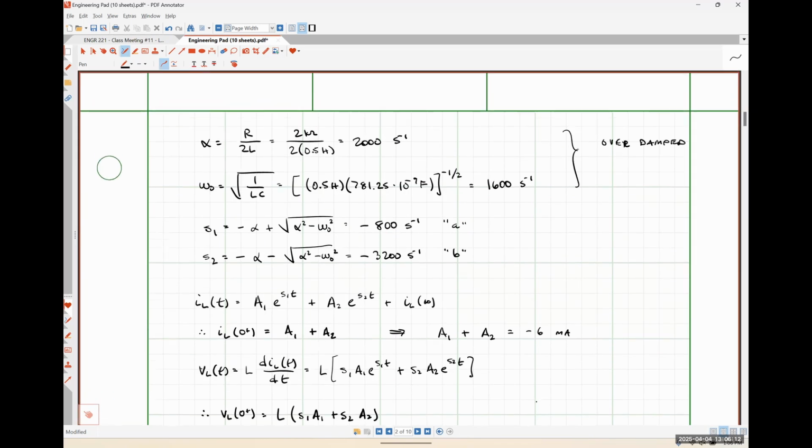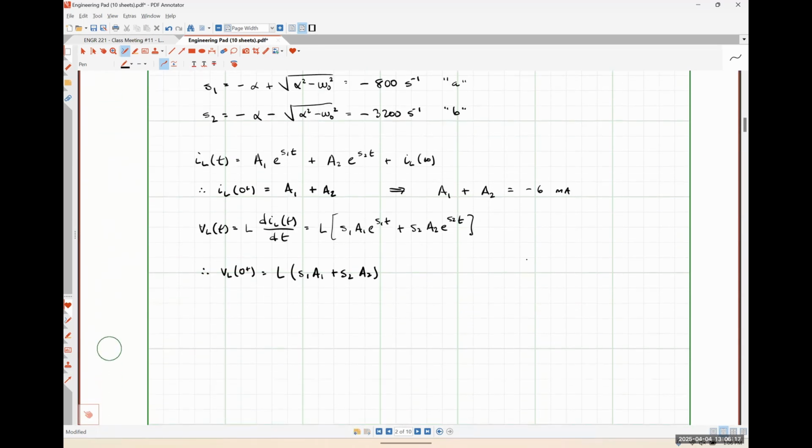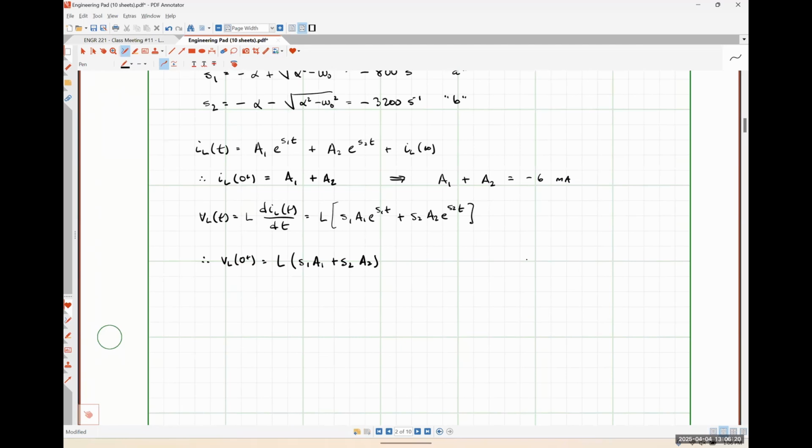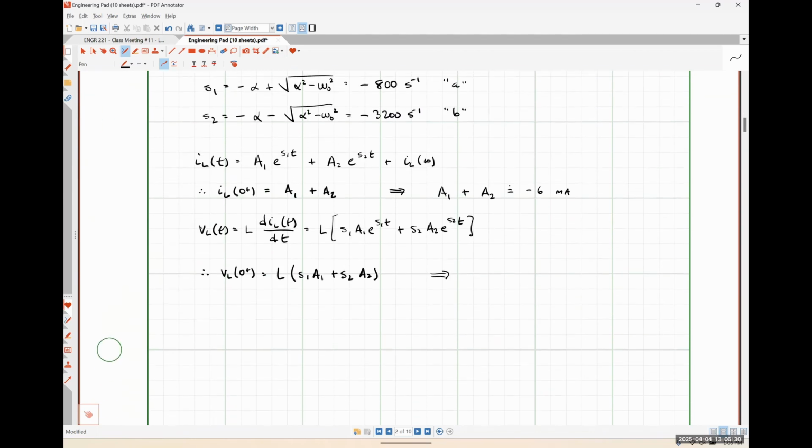So VL at 0 plus was negative 24 volts. Because I already have S1 and S2, I'm going to have negative 800 A1 minus 3200 A2 is equal to negative 24 volts over half of a Henry, or just negative 48.